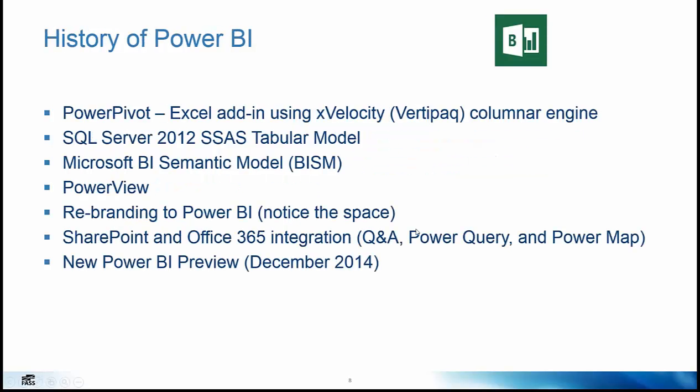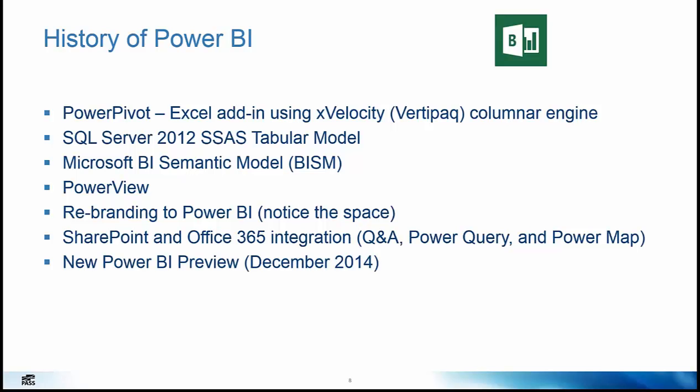So, a quick history on Power BI. The first product that was part of this was back quite a while ago, when they released Power Pivot, an Excel add-on that they built, I think back in the days of 2008 R2, in that time frame.